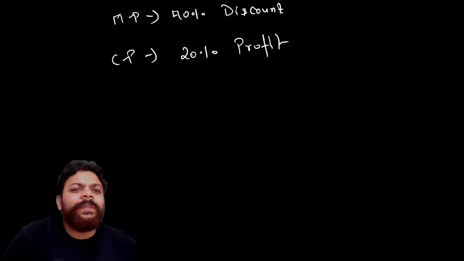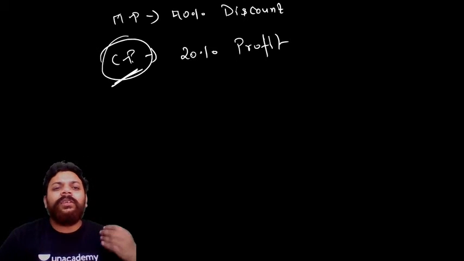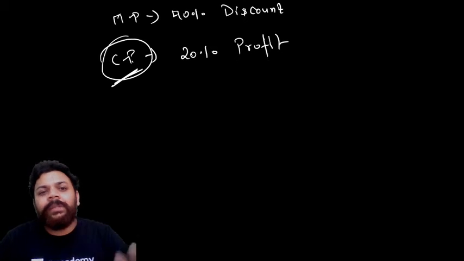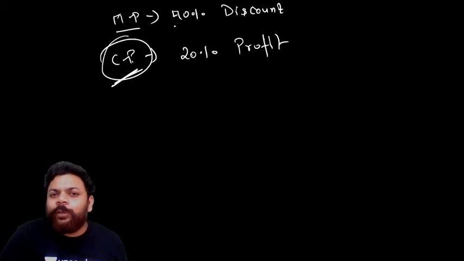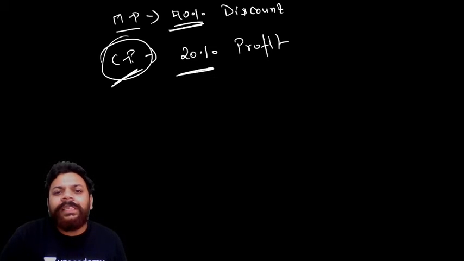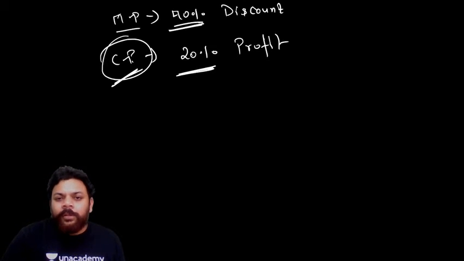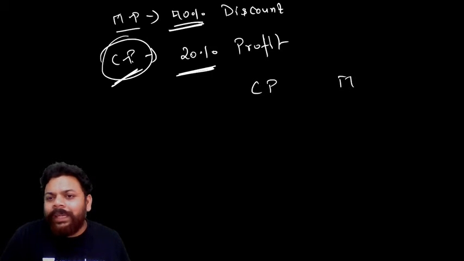Obviously the 20% will be calculated on CP. So if I have given a 40% discount on marked price and still I am able to get a profit of 20%, tell me what will be the equation or relation between CP, MP and SP?